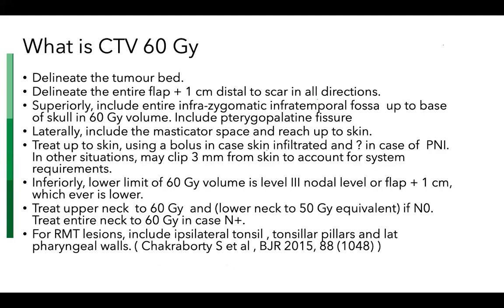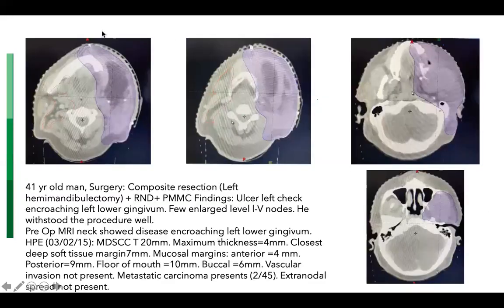But that is actually not correct for a buccoalveolar cancer for the reasons that I have also just covered before this. So this is how we would draw the target.